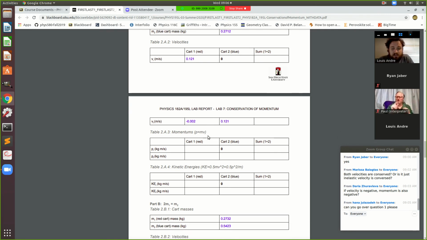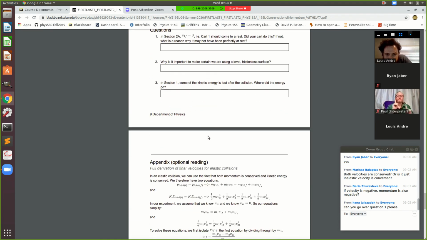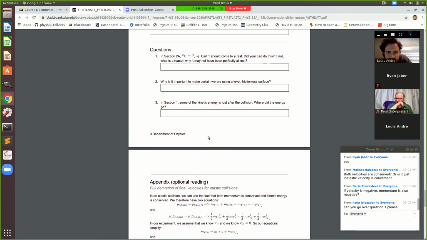Okay, so the answer then is, should come to rest. Did the cart do this? Not exactly, right? It almost did. It was moving a little bit, so it didn't quite come to a rest. What's the reason why it might not have perfectly come to rest? Let's think about that one. So after the collision, the thing continues to move. Why would that be? There's a couple different reasons.